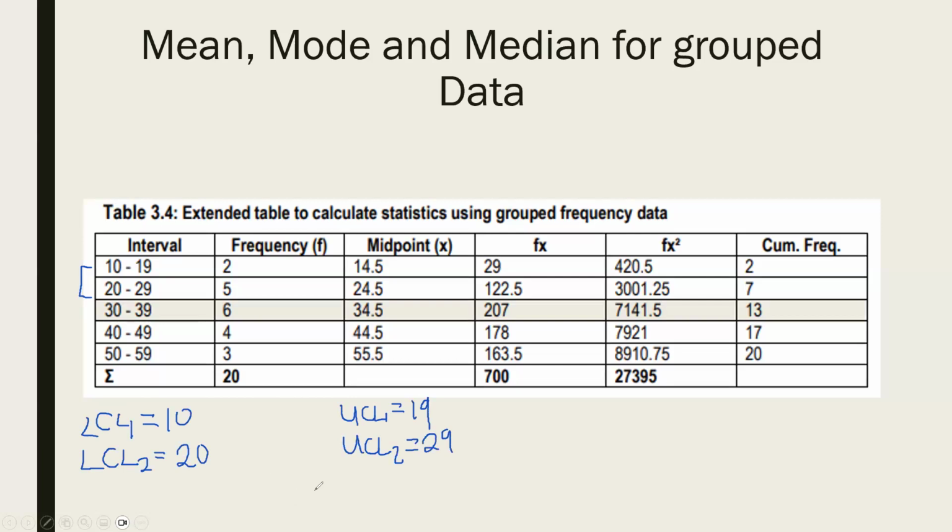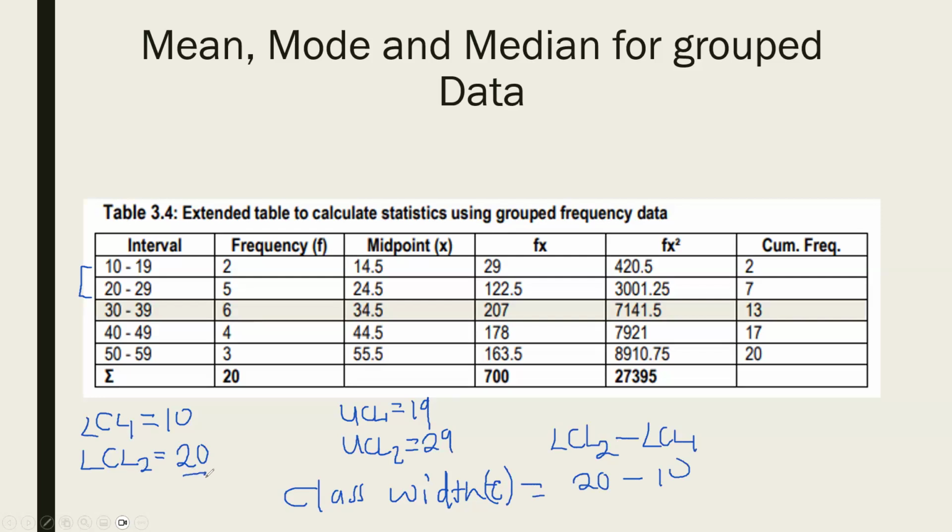So when you are calculating class width, which is normally denoted by C, you can say lower class limit 2 minus lower class limit 1, which means 20 minus 10, because lower class limit 2 is 20 and lower class limit 1 is 10. So it will give you a class width of 10.